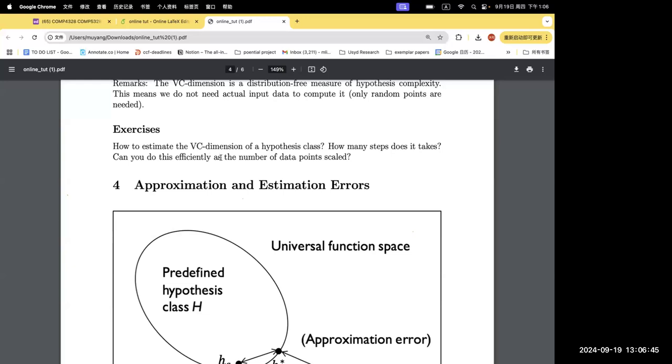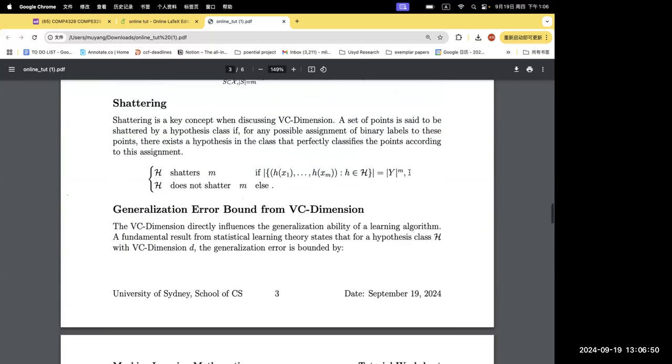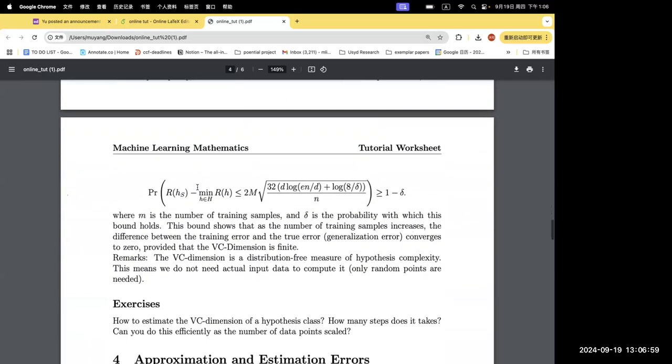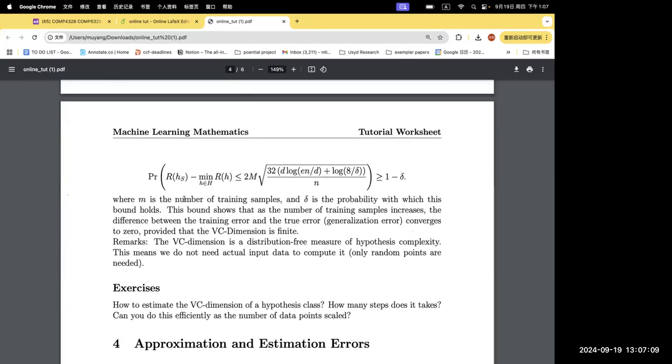The total number of classifications is the cardinality of Y to the power of m, which grows non-polynomially as the number of data points increases. So it is very obvious that the VC dimension is mostly a conceptual, theoretical property of the hypothesis class. Even though you can calculate it for a very small toy example, when your data scales it is really impossible to calculate. Okay.